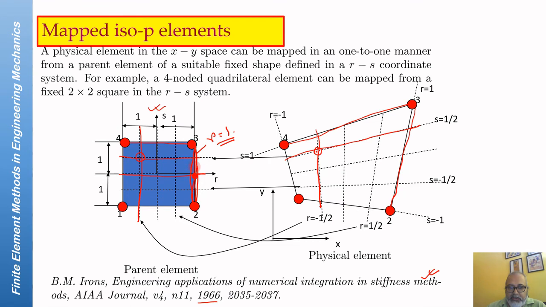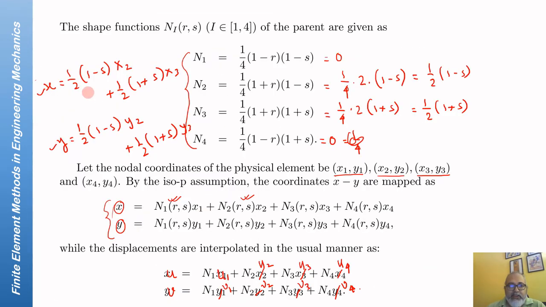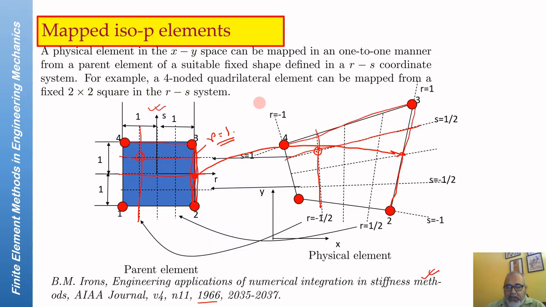So this point here would map exactly to this point here. When s equal to 1, this would become 0, and you would be mapping to x3, y3. S equal to 1 is this point, so this point will map onto this point.